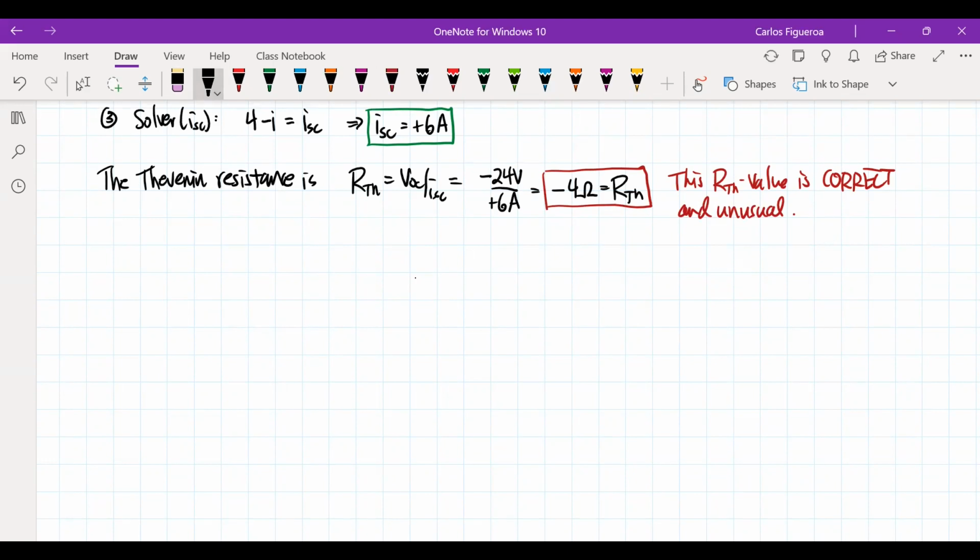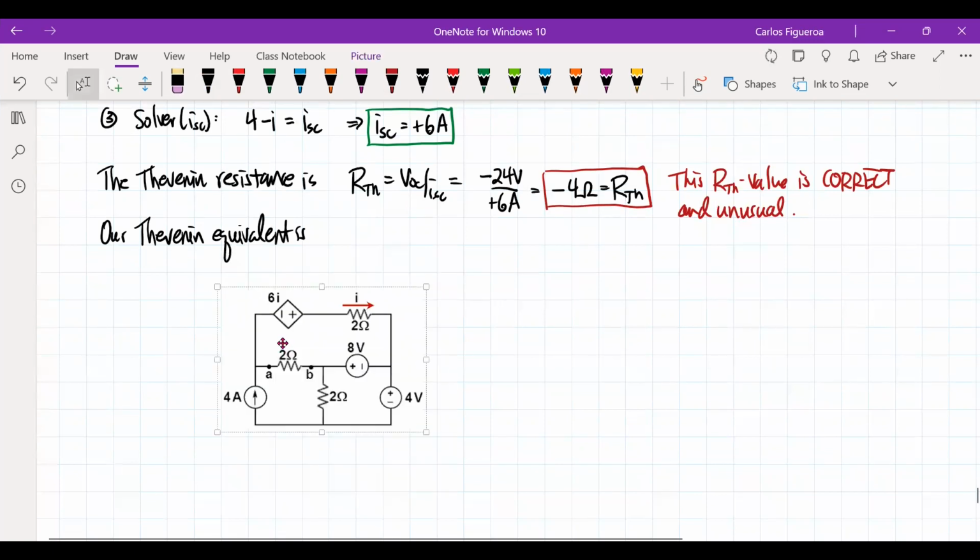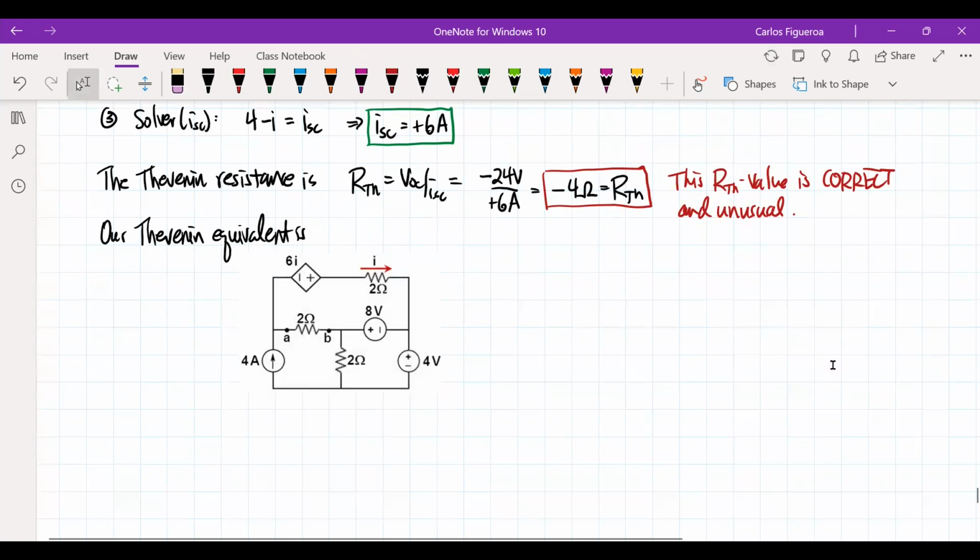So if I now go back and look at my original circuit, here's what we find. We find that our Thévenin equivalent is, here's my original circuit, and this is equivalent to a minus 24 volt source.